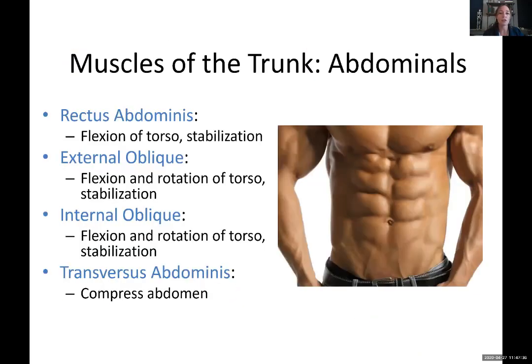So the muscles of the trunk on the anterior side, what is their main job? These all do flexion of the torso. If it's oblique, because it could be one side, it can also do rotation. When we say flexion of the torso, it's like the motion of a sit-up.